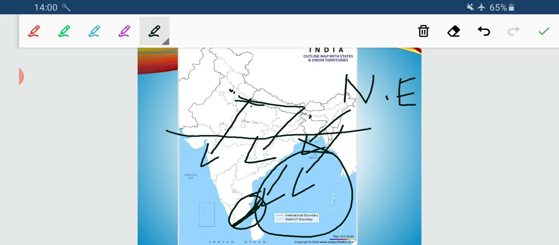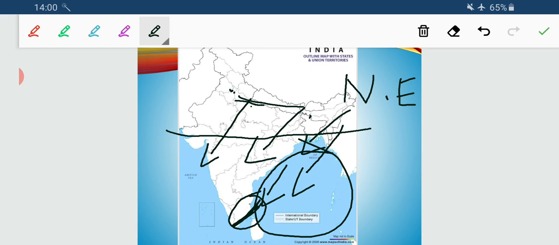So hopefully you got the concept of why Tamil Nadu receives winter rainfall. Tamil Nadu is unable to get rainfall during the rainy season, as the moisture laden monsoonal winds approaching from the Indian Ocean are parallel to Tamil Nadu as they blow towards the southwest direction.